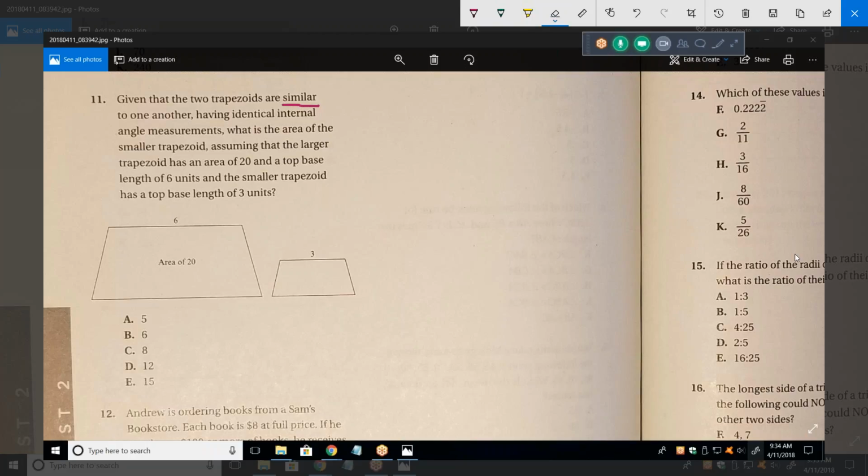They want to know what the area of the smaller trapezoid is, assuming that the larger trapezoid has an area of 20. So the area of the large one is 20, and a top base of 6 units, and the smaller trapezoid has a top base of 3 units.